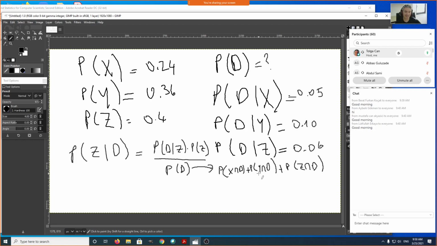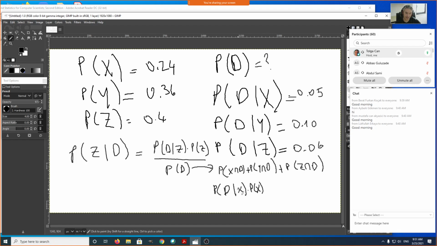So how can I find these intersections? They're also not given. I can find these intersections by making use of the conditional probability rule. P of X and D is simply P of D given X times P of X. I'm going to use the conditional probabilities that are given to us.